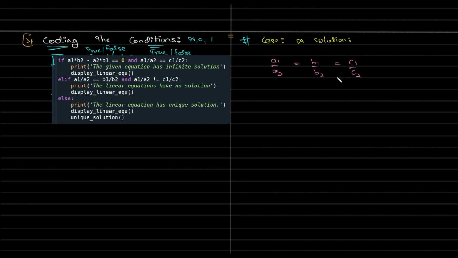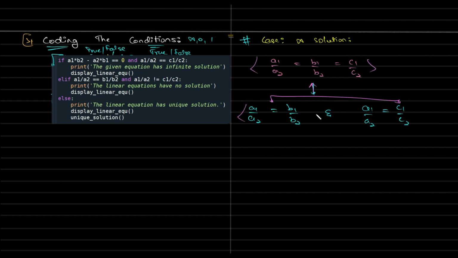So I can rewrite this as a1 by a2 is equal to b1 by b2, while the other condition can be rewritten as a1 by a2 being equal to c1 by c2. If both of these are satisfied, then we have our top statement.